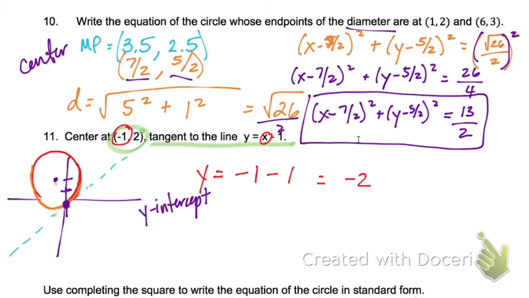So I know for sure that the y-intercept is at what? 0, negative 1. So I want to find the distance from my center to my y-intercept. I have the point negative 1, 2, and 0, negative 1. I want to find the distance between those two, and that is what will get me my radius.